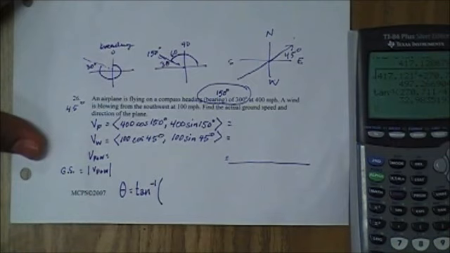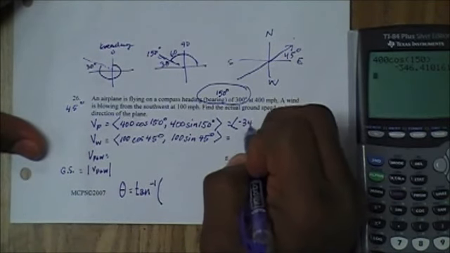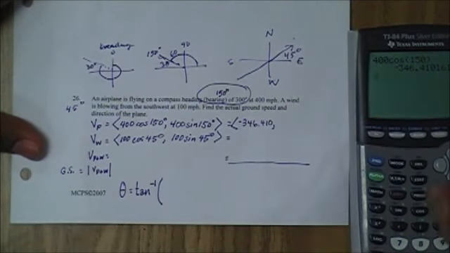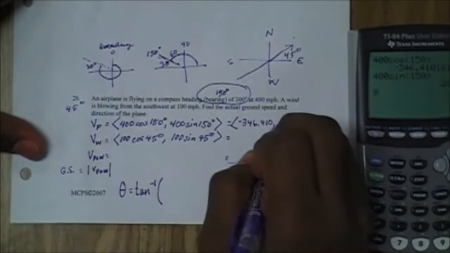So 400, make sure we're in degrees. We are 400 cosine 150, and that's giving us negative 346.410. Second enter, change it to sine, and that's going to give us 200.